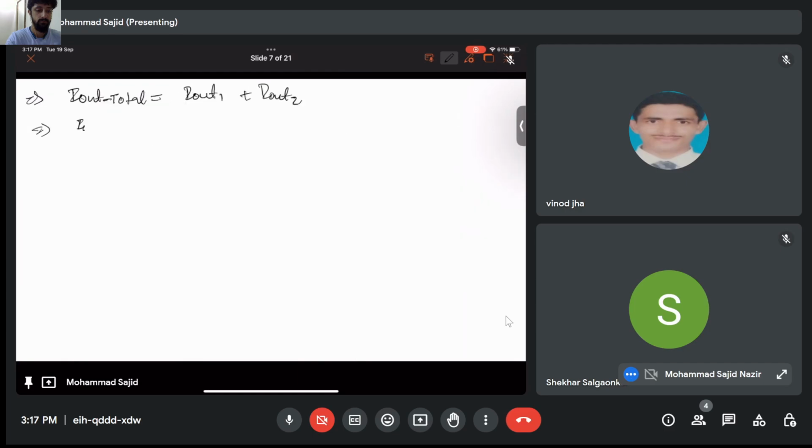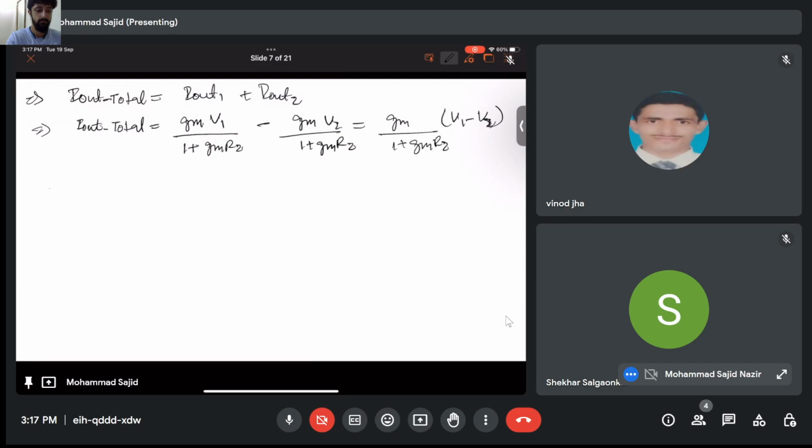So my output total is equivalent to Gm divided by 1 plus GMR2 V1 minus Gm divided by 1 plus GMR2 V2, that is Gm divided by 1 plus GMR2 times V1 minus V2.